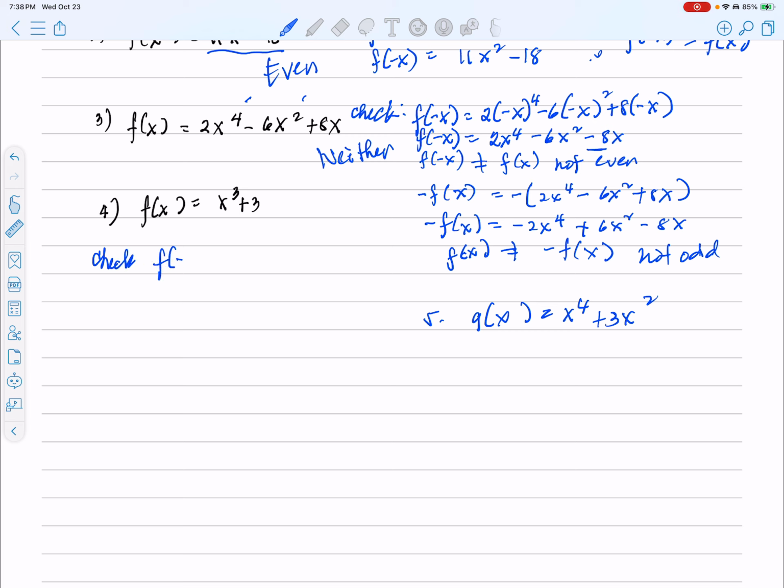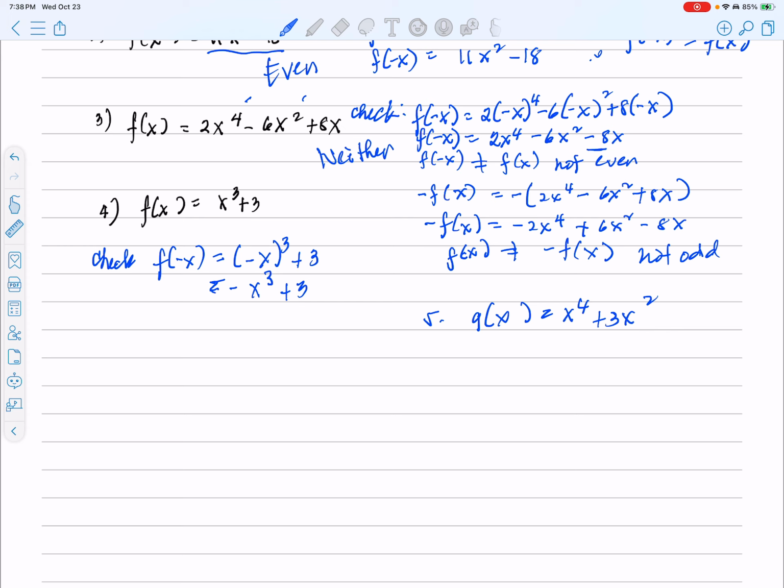By substituting a negative x, I get negative x to the third power plus 3, which becomes negative x cubed plus 3.